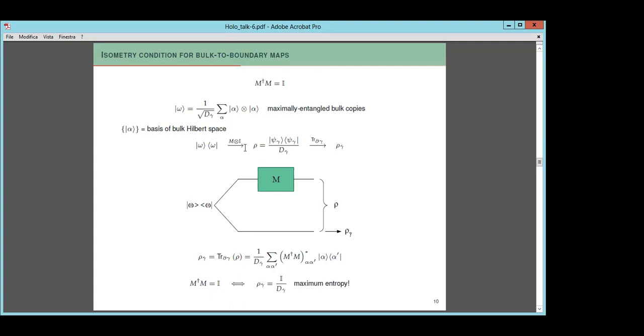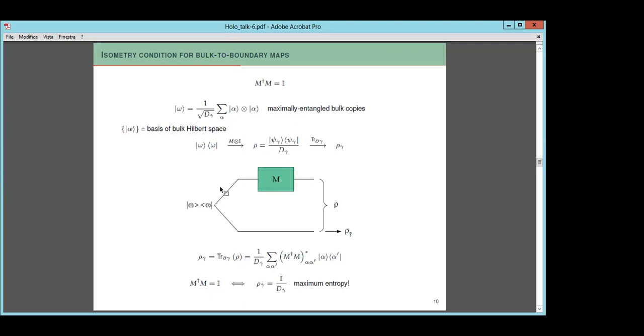Why? Because the graph state can also be seen as the result of applying the map to just 1/2 of 2 copies of the bulk state, the maximally entangled bulk state.